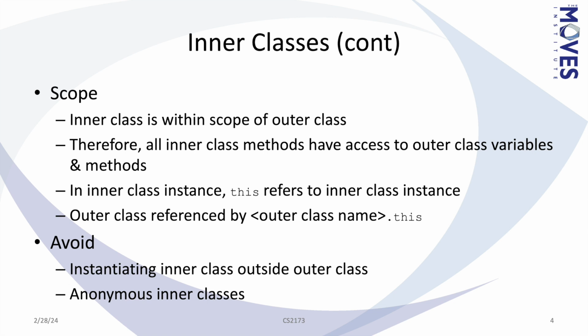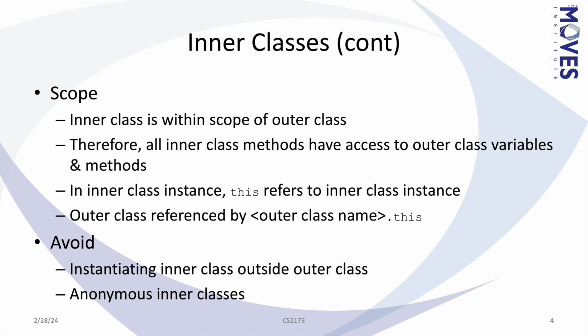Normally in a class, this refers to that particular instance of the class. But if I have an inner class, I have two thises running around: the this of the outer class and the this of the inner class. So which one is it? If I'm in the inner class, then this refers to the instance of that inner class.